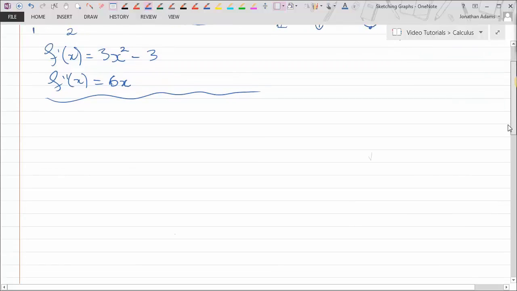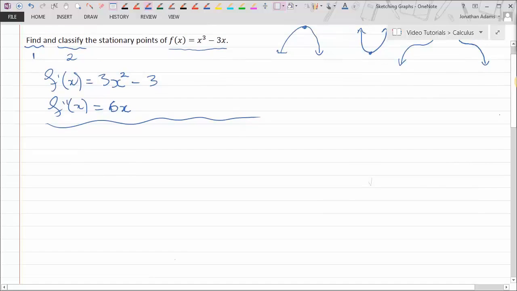Now, the first part of the question asks us to find the stationary points, and we know that stationary points exist when the first derivative is equal to 0.